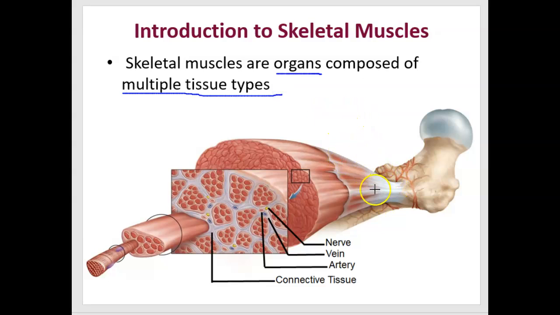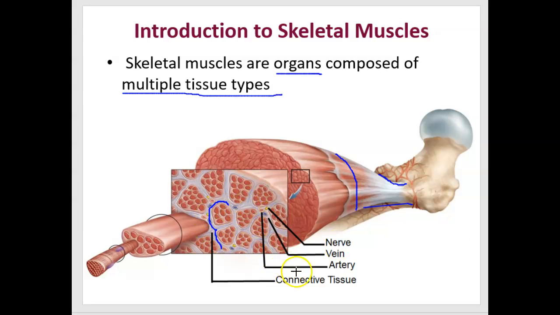This picture shows a muscle attached to the femur by a tendon, and surrounding the muscle is connective tissue. There's also connective tissue interwoven in between fascicles. That's the white that you see there. So that's two different kinds of tissue, skeletal muscle tissue and connective tissue.